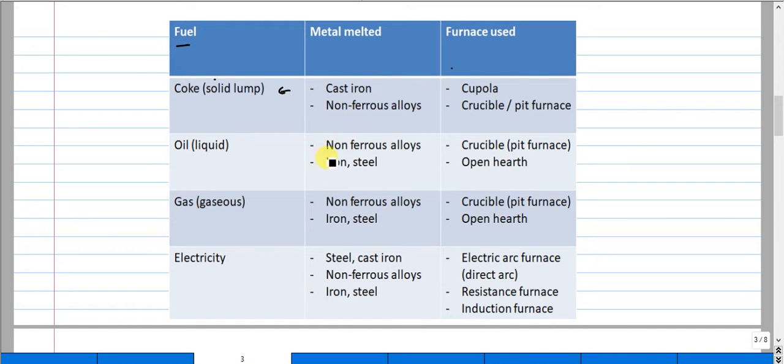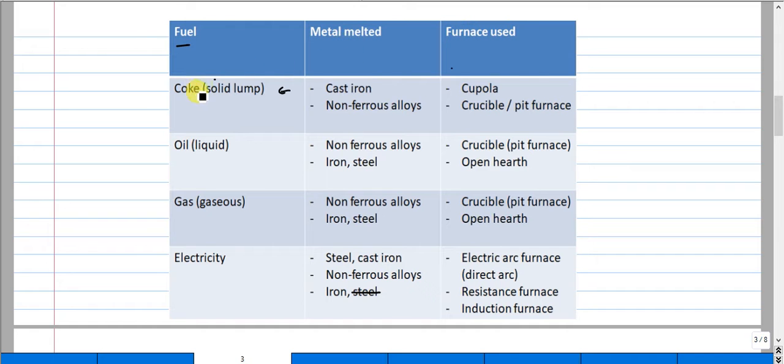Non-ferrous alloys and iron you can use oil. Here you can see steel also included. Gaseous can again be used for non-ferrous, iron as well as steel. Electricity: steel, cast iron, non-ferrous alloys, iron, steel. Steel has been repeated twice, you just strike it off.